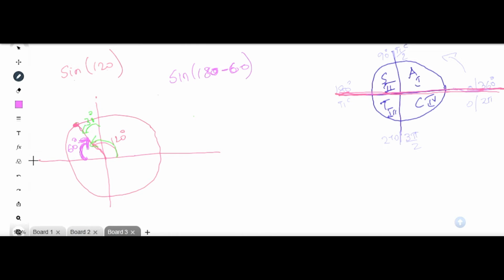So anything when you're traveling from the main horizontal line, this one you will have to remember always: sine of 180 minus theta equals sine theta. Whereas sine of 90 plus theta or 90 minus theta will be cos theta.